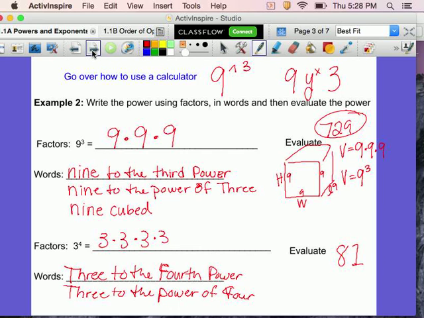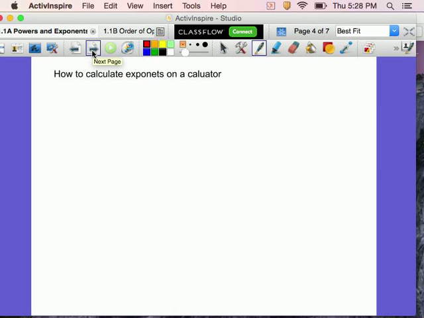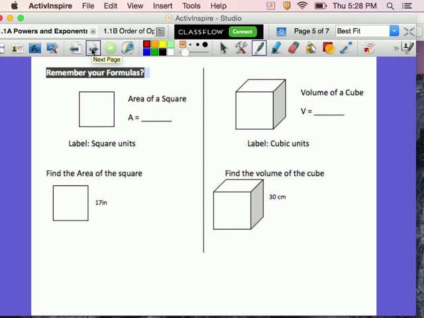All right, moving on. Oh, we did how to do that already, so I can skip that. So remember, like I was saying, we have cubes and squares when we talk about exponents. So that's often a shortcut for doing the volume of cubes and squares. So let's start with the cube because that's what we focused on earlier. The volume of a cube.